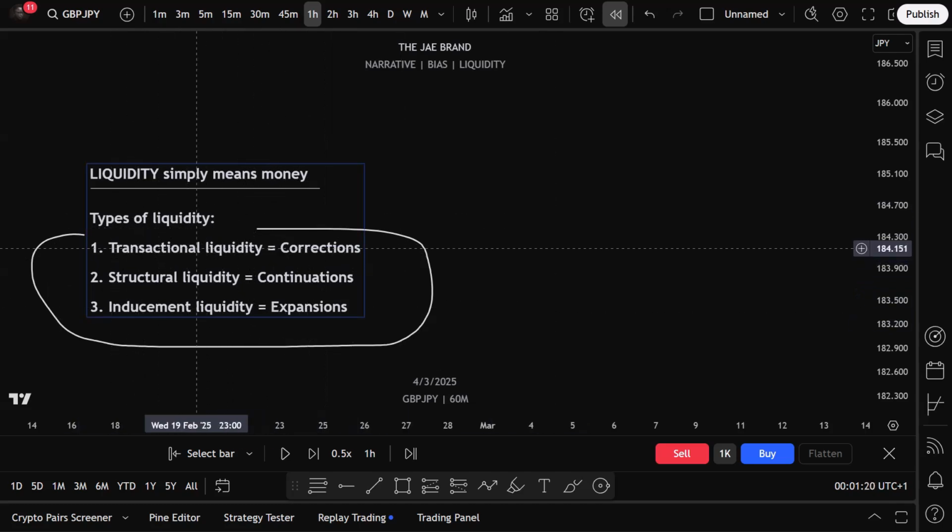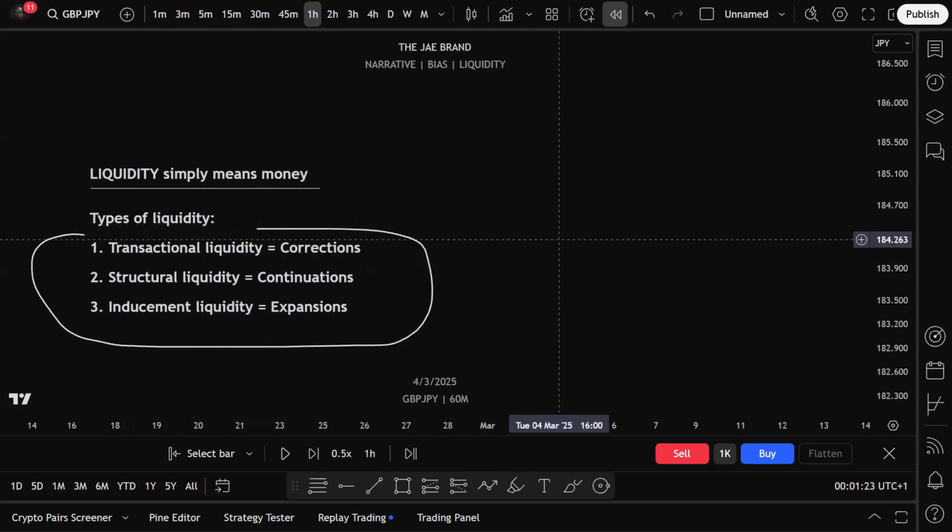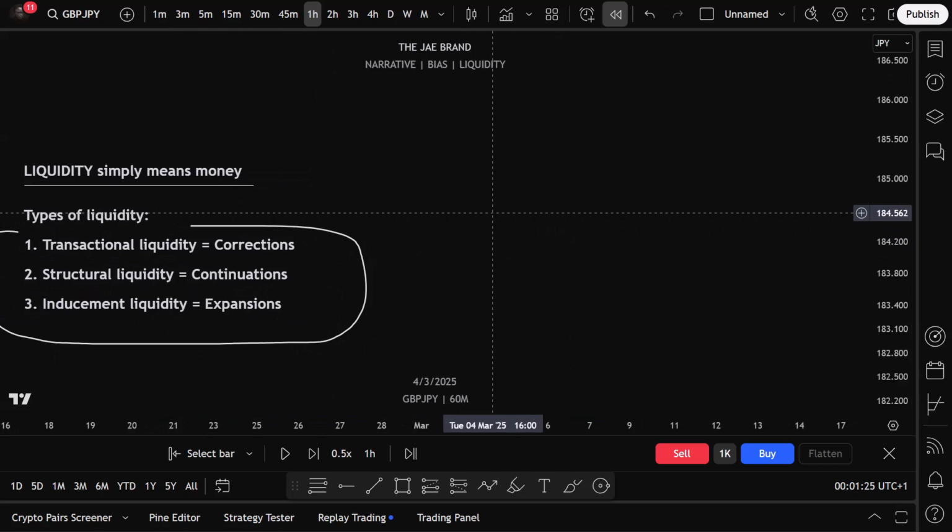Now let's take transactional liquidity. Let me illustrate transactional liquidity, which is used for corrections.